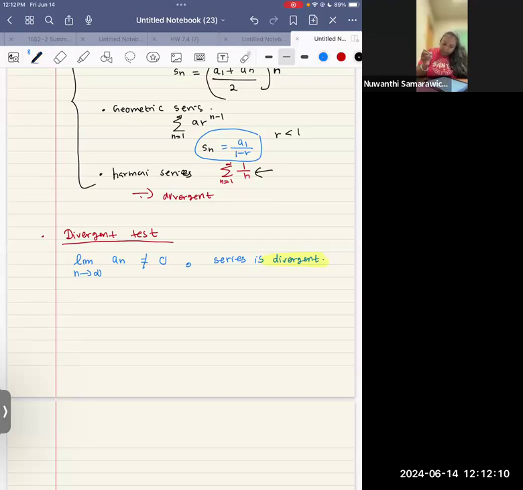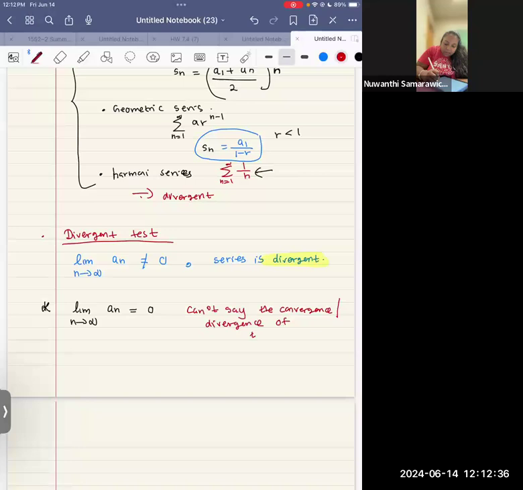And remember, this is very important: if the limit as n approaches infinity of a sub n is equal to 0, we can't say anything about the convergence or divergence of the series. Okay, so this is what we did yesterday.